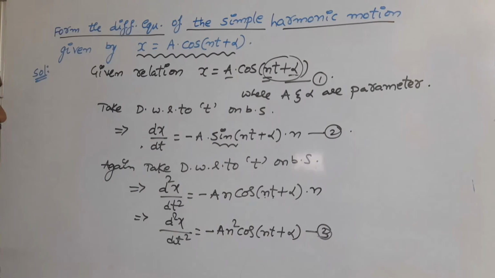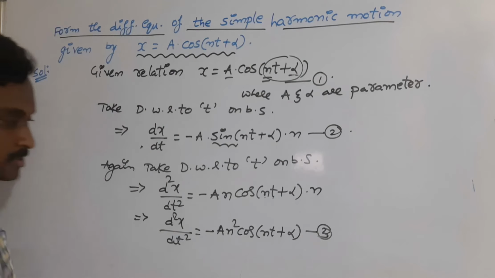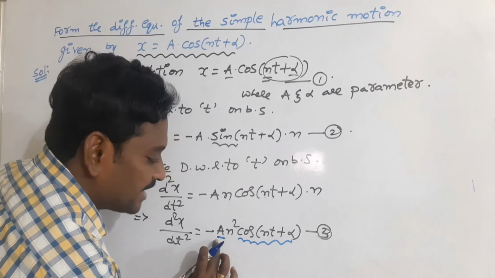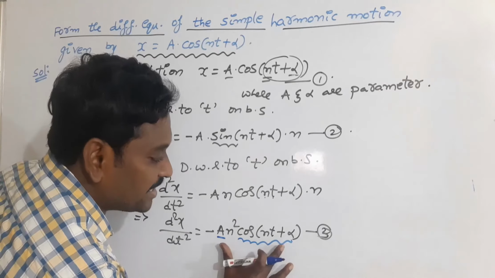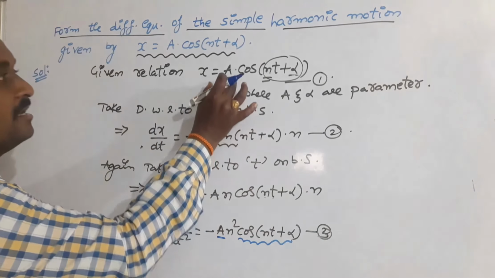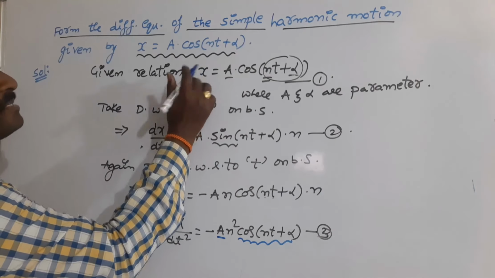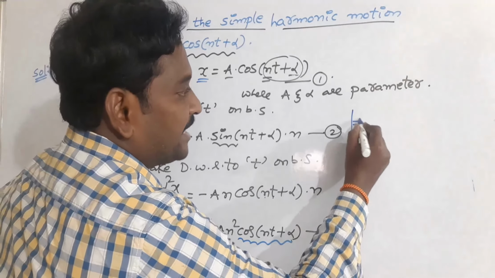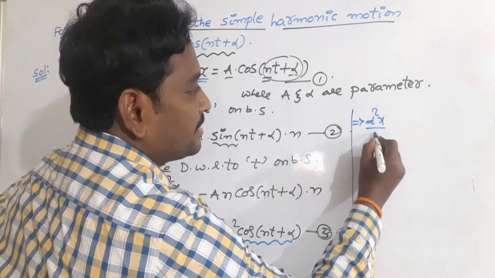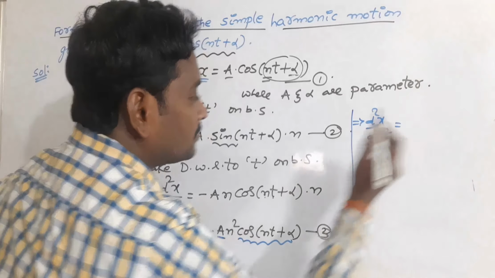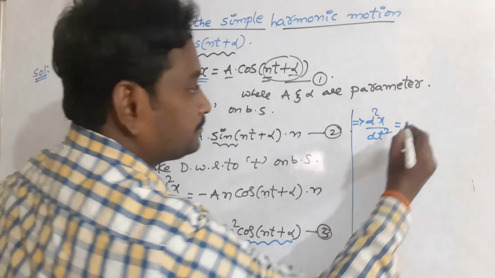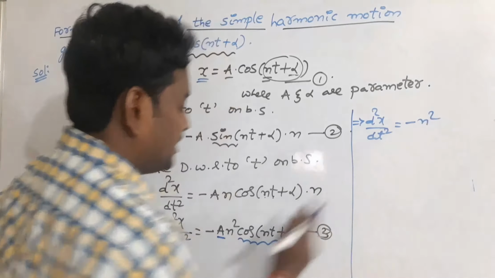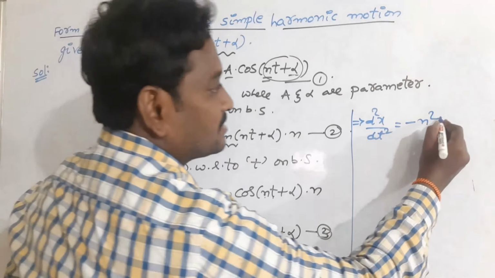But we are observing that capital A into cos of nt plus alpha is nothing but small x from the given relation. That's why I will write d square x by dt square is equal to minus n square, and the remaining entire term becomes x.